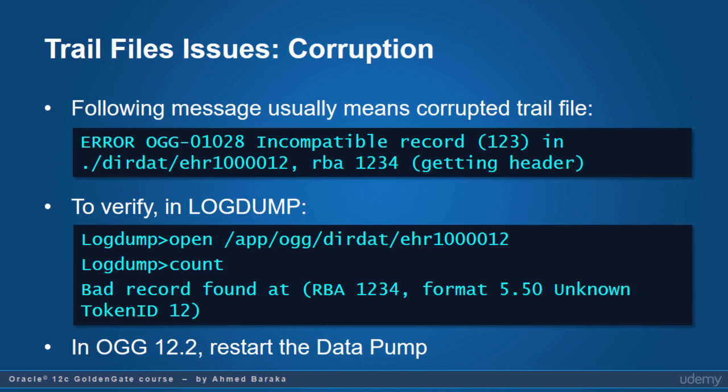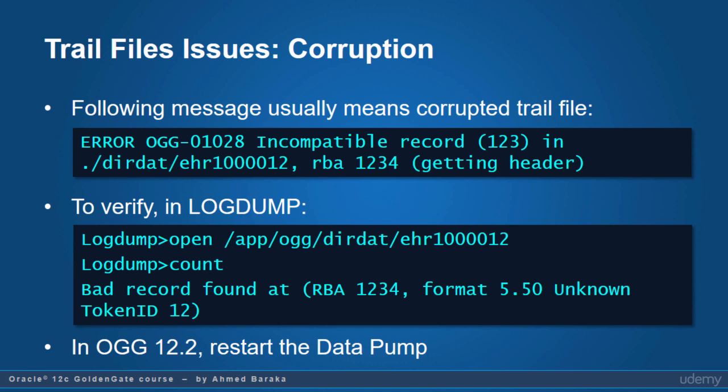Luckily, in Oracle GoldenGate Release 12.2, the corrupted trail file recovery has been significantly improved. All you have to do is simply stop all the processes, delete or rename the corrupted file, and start the processes back again. The data pump will rebuild the missing trail file.